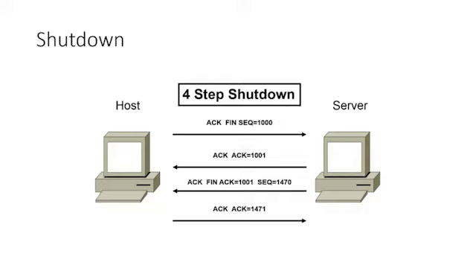And he'll say, hey, I'm done. And I'll be like, okay, I acknowledge that. So I told him I'm done. He acknowledged that. He told me he was done, and I acknowledged that. So now our communication session is now terminated. And we don't have that port open anymore, hopefully. And we can communicate with somebody else on that same port if we wanted to, or if the computer saw fit.